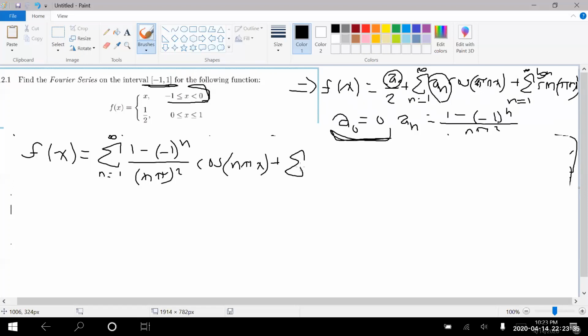And then plus the same summation. You can combine these if you want, but for the next problem, we're going to need them separate, so it's not super imperative that you combine these summations here.